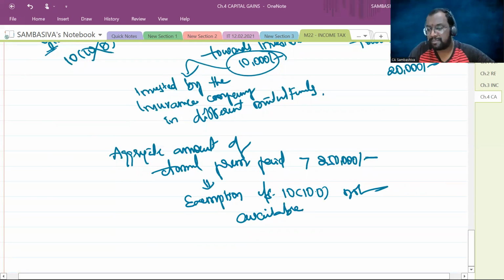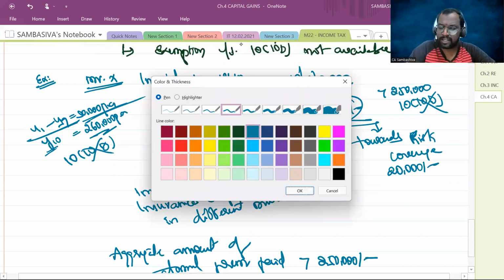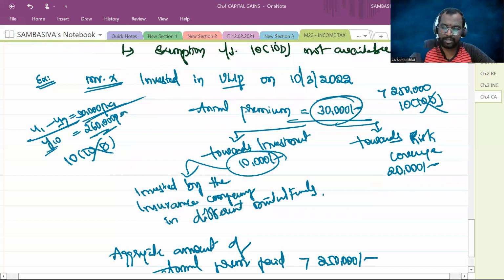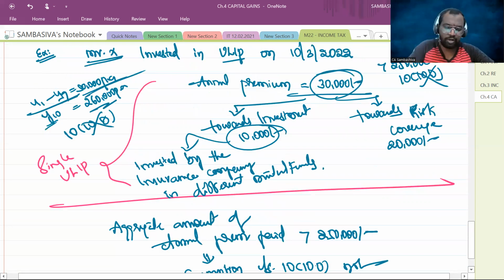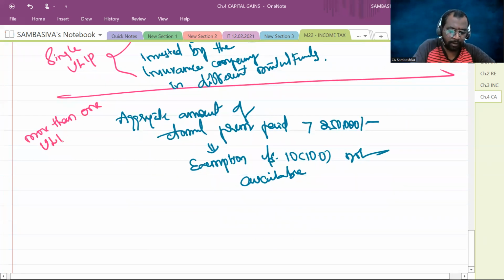Aggregate amount of annual premiums paid. See, the first example I explained was with respect to a single ULIP. If you have made investments only into a single unit linked insurance policy, all the discussion up to here applies. Suppose that you have made investments into more than one unit linked insurance policy.